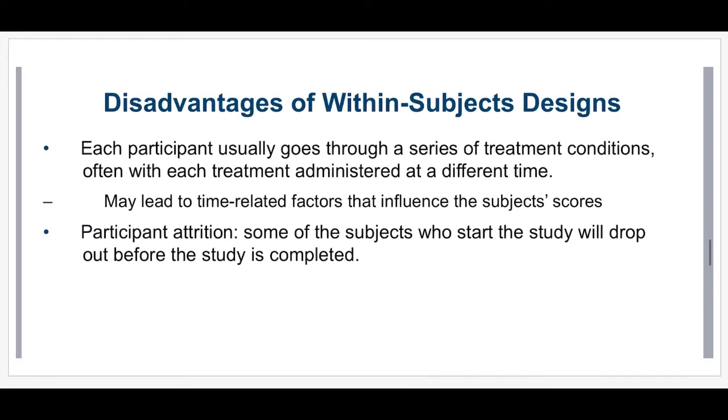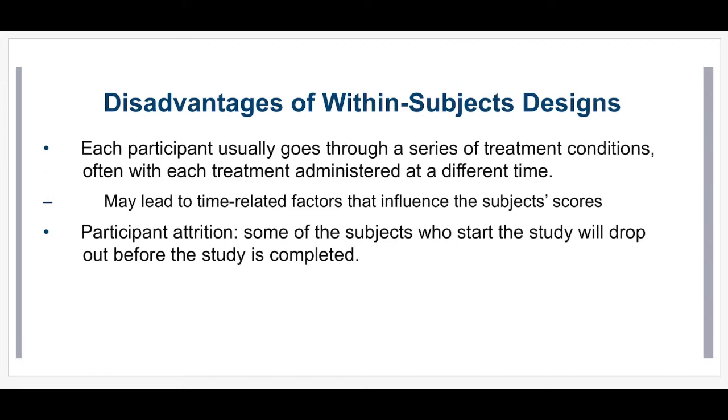Now, there are also some disadvantages within subjects. We've talked about that already a little bit in this chapter. Each participant is going through a series of treatment conditions each time, so those time-related factors and order effects can influence the subject scores, right? We talked about that a lot. The other thing is participant attrition.